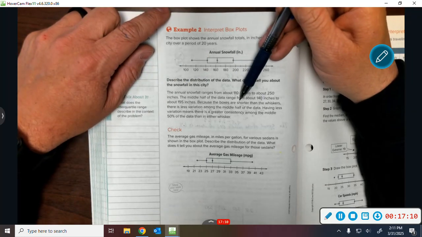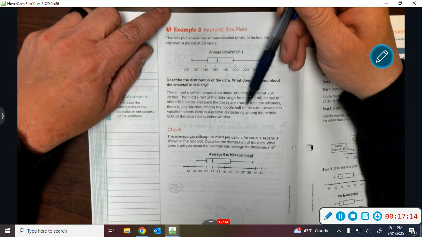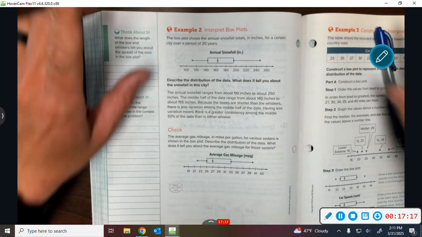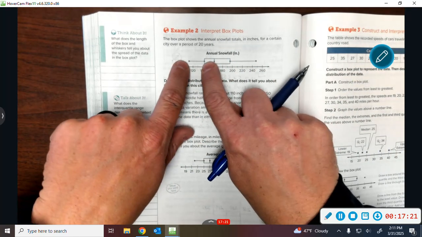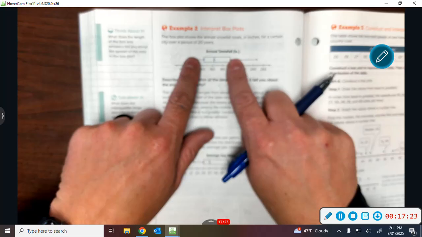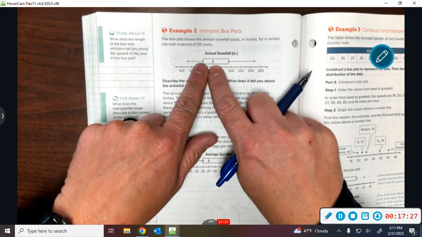Because the boxes are shorter than the whiskers, there is less variation among the middle half of the data. So what that means is that notice we have a longer whisker here. The whiskers together are a lot longer than the box itself.